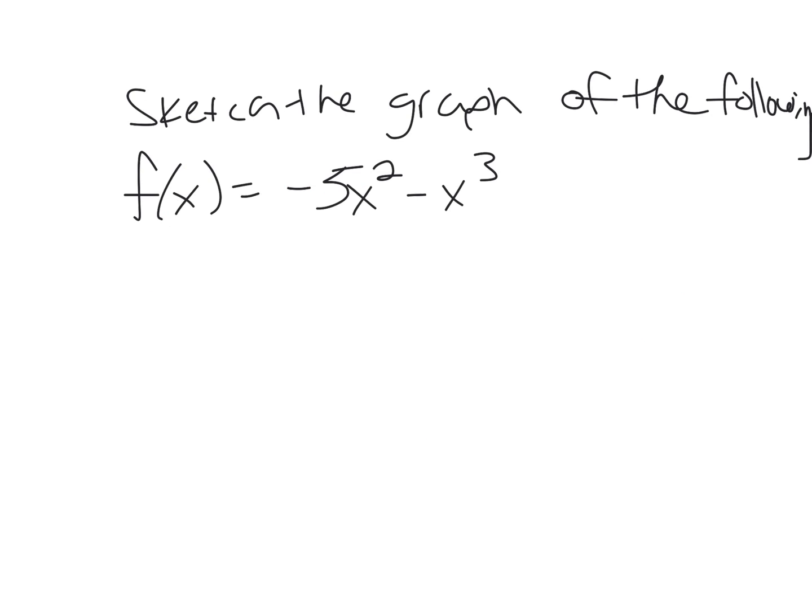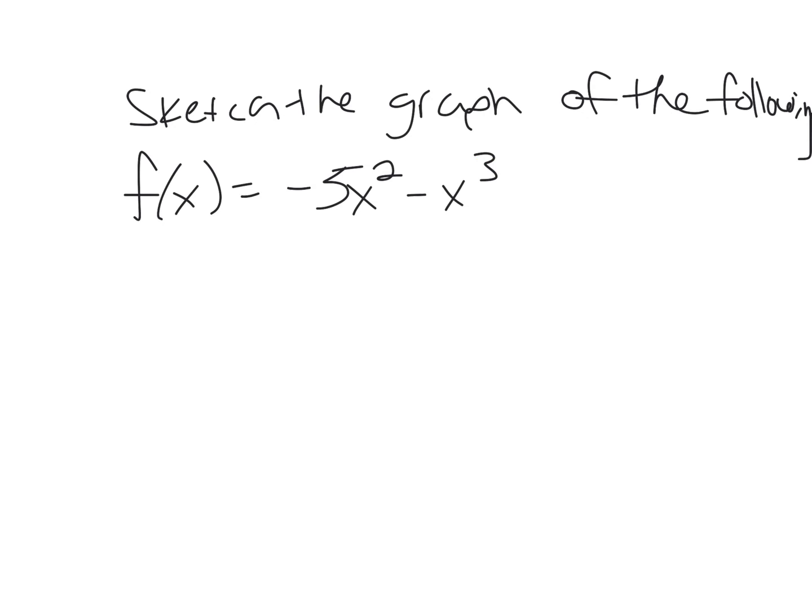Okay, so we're going to sketch the graph of this function, apply the leading coefficient test, find the zeros, and plot some points in between. The leading coefficient is negative 1 and the degree is 3, so it's odd. So it's going to be up and down. As we go to negative infinity, it goes to infinity, and as x increases, it goes down to negative infinity.